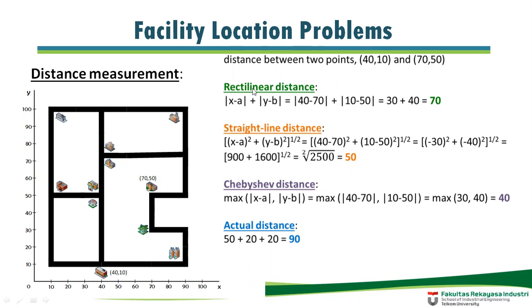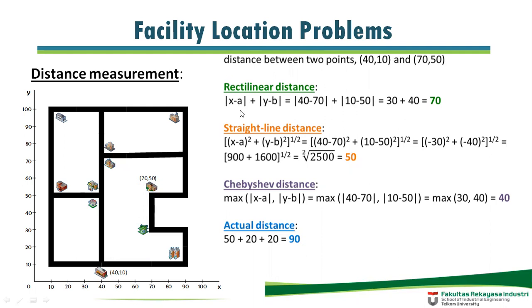If we use a rectilinear distance, it means we use absolute numbers. So neglect everything, and the addition will result in a positive one. Let's say I want to know the length, the distance between this kind of facility.